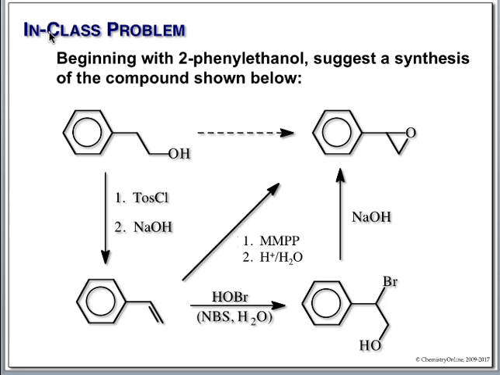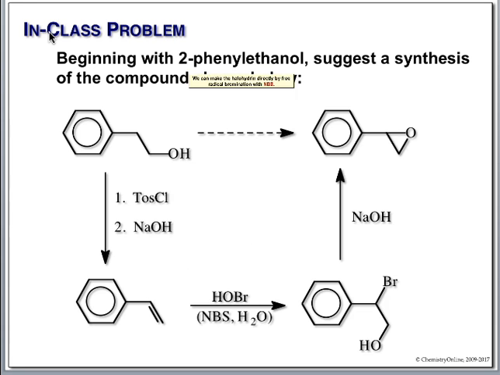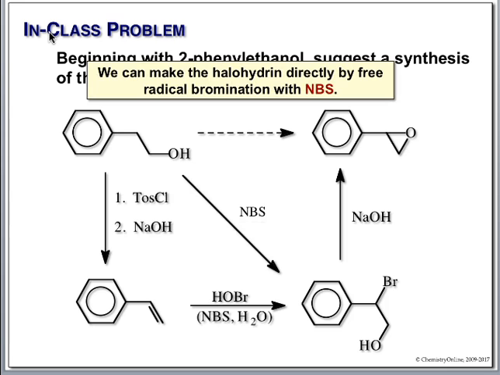Or, starting with our alcohol, how could you go to this guy? Our bromine is on the benzylic carbon, isn't it? Remember allylic bromination? If we simply take N-bromosuccinimide, we will brominate at the allylic or benzylic position and get to this guy directly.